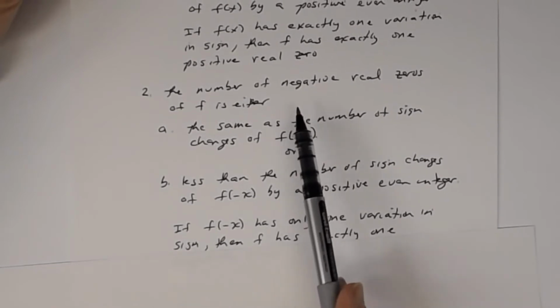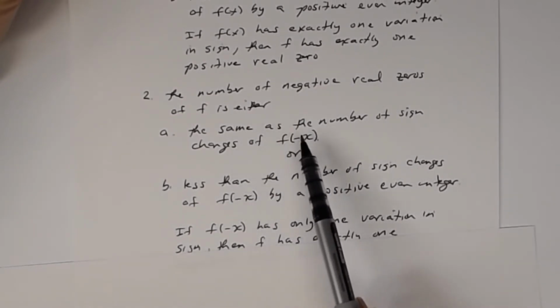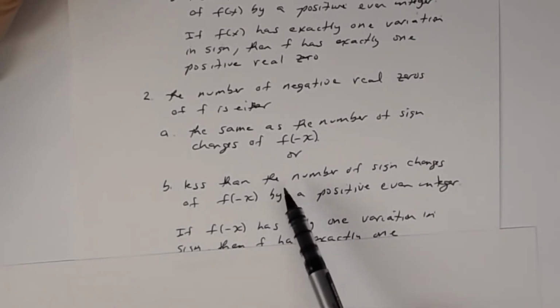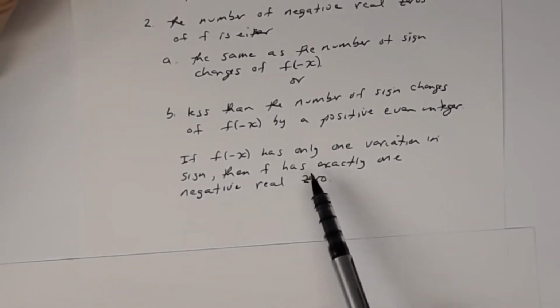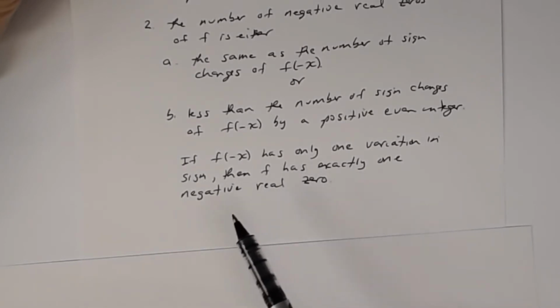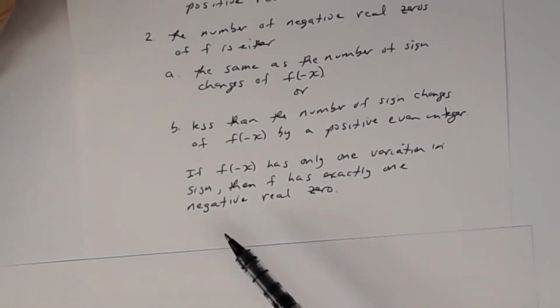So the number of negative real zeros of f is either the same as the number of sign changes of f of negative x or less than that by a positive even integer. And if f of negative x has exactly one variation in sign, then f has exactly one negative real zero. Okay? All right, so we're going to come back to that. So let's look at an example. Okay, so let's look at this example.